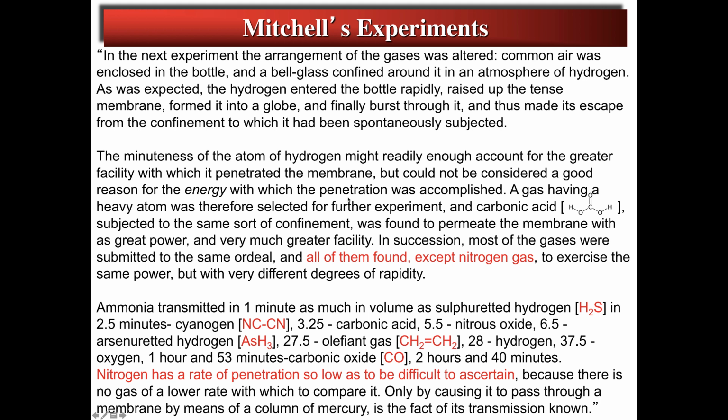And he went on to examine the rate of transmission of other gases through these natural rubber balloons. And he found that ammonia would transmit through these balloons in 1 minute as much volume as H2S did in 2.5 minutes, and so on and so forth.